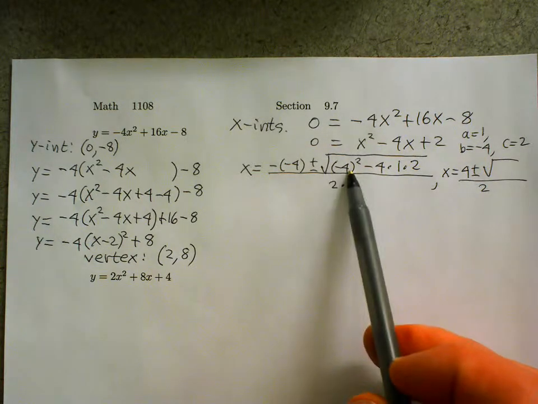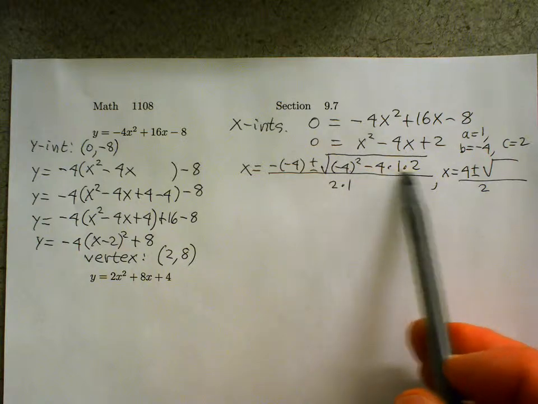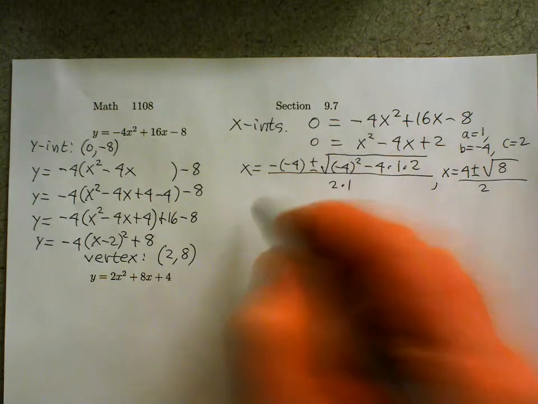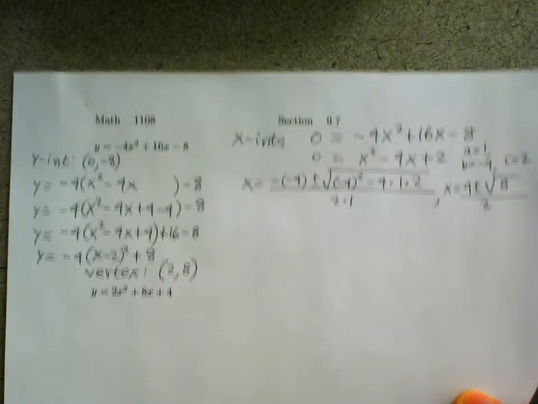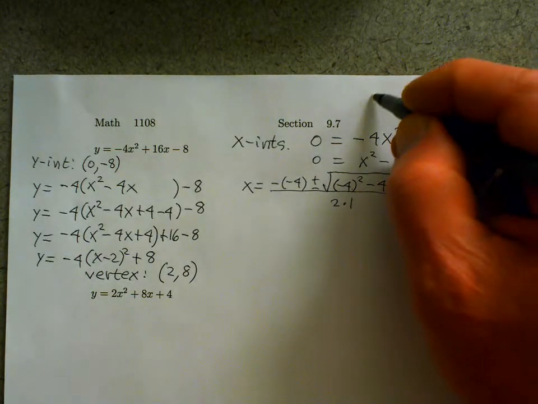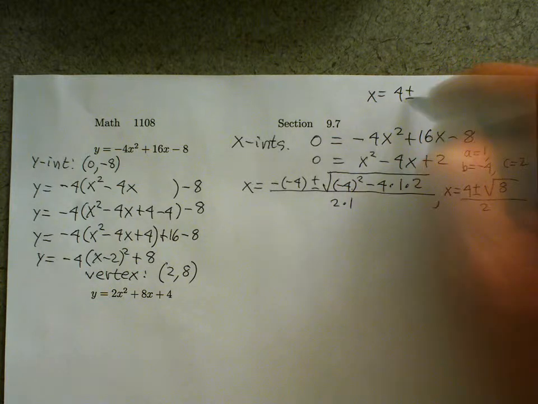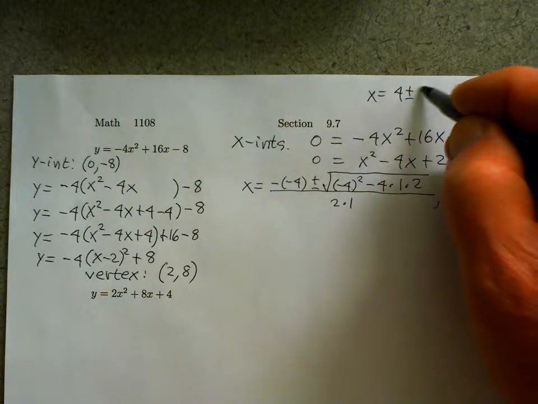So inside the square root, the number -4 squared is 16, and we're subtracting 4 times 1 times 2. 16 minus 8 is 8. And we can simplify the square root of 8. I'll finish that up here. The square root of 8 is the square root of 4 times the square root of 2, and the square root of 4 is 2.